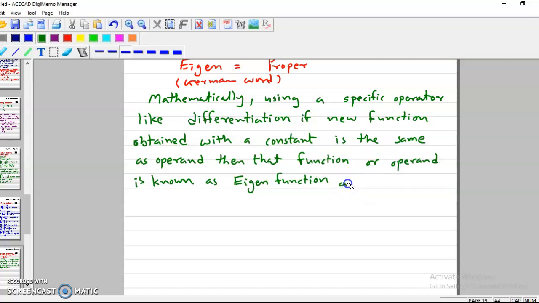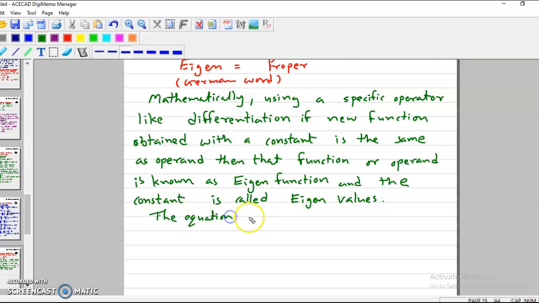And the constant is called eigenvalues. The equation is known as eigenequation.